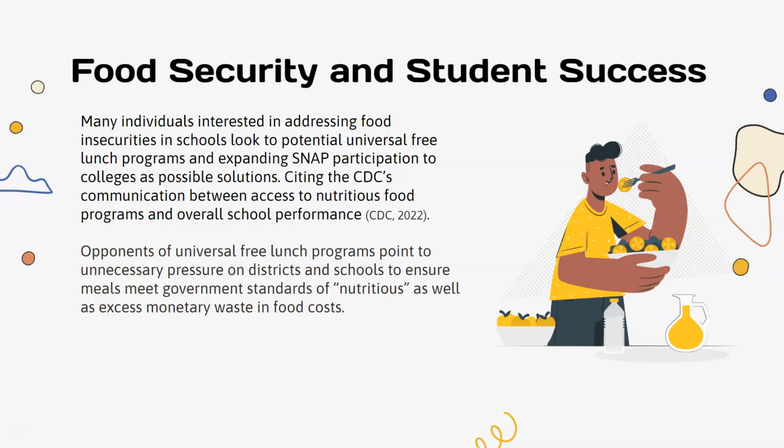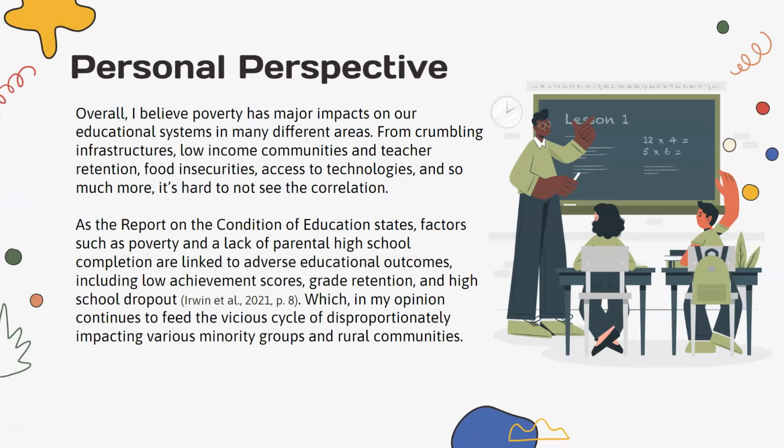Opponents of universal free lunch programs point to unnecessary pressures on school districts and schools, as well as potential waste of both the physical food and money, since the food might not be appealing to students, thus wasting more food.